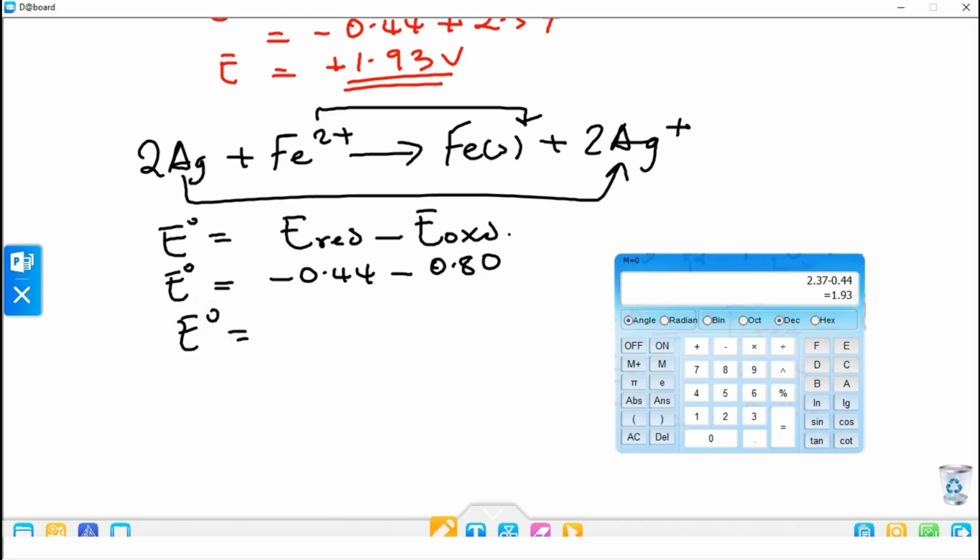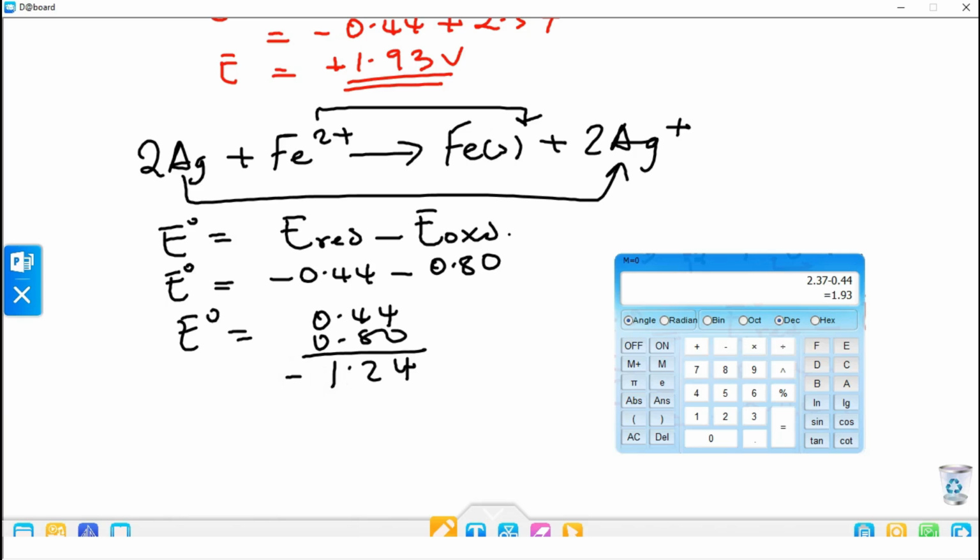E0 is equal to minus 0.44 minus 0.80. So that gives us minus 1.24 volts. This is actually what we have, and it is as simple as that.